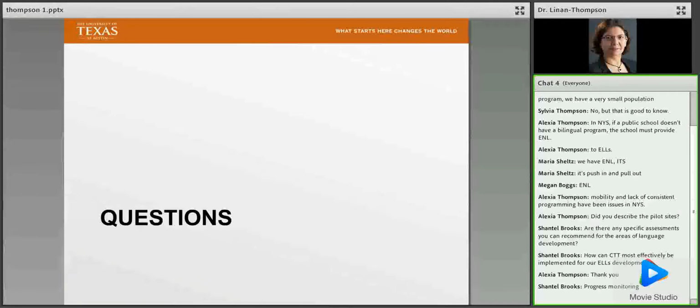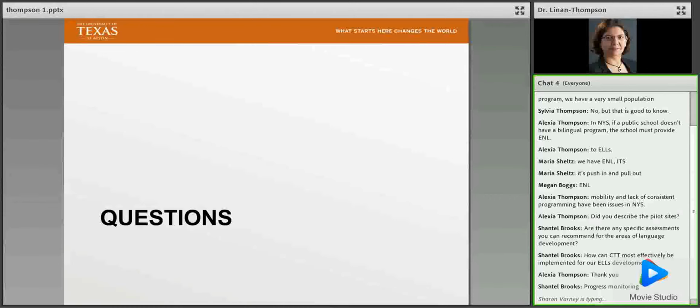But for language development screening, there are a lot of language screeners that ESL teachers use.